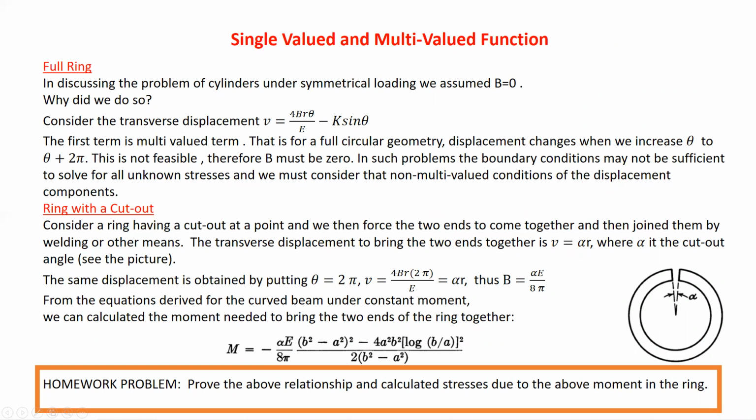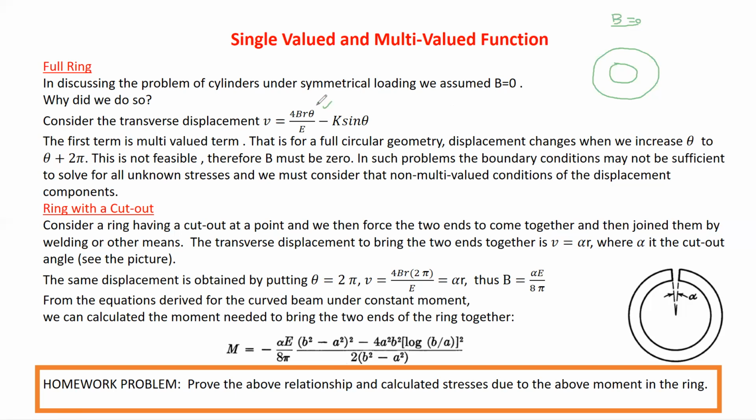So remember that when we considered the cylinder pressure vessel, in formulation of that problem, I assumed the constant B is equal to 0 without giving you the reason there. Here you can see why B should be 0.